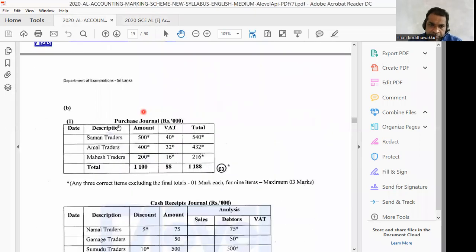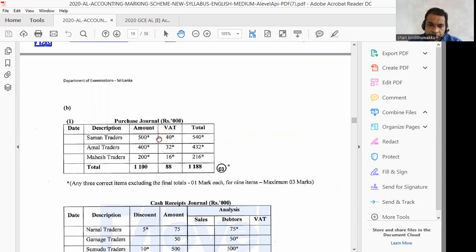Saman Traders, total value 540. Then we can divide this value by 108. What is 108? 100 plus input VAT 8%. Therefore, it is equal to 500. 540 you divide by 108 and multiply by 100. It is equal to the net purchases amount.